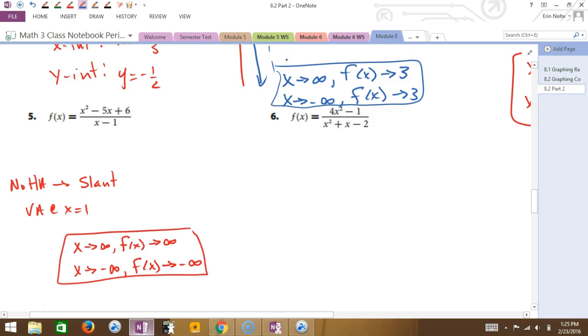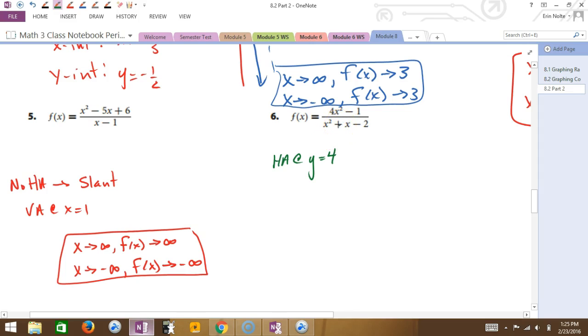Okay, so is this going to be bigger on top, bigger on bottom, or same? Same, so horizontal asymptote at 4. To figure out my vertical asymptotes, I need to factor this.